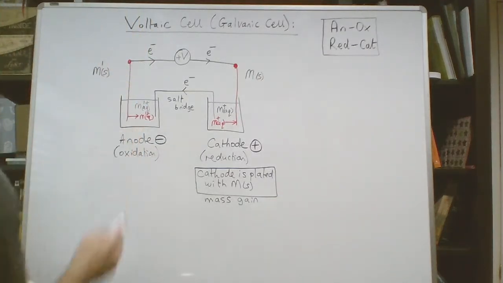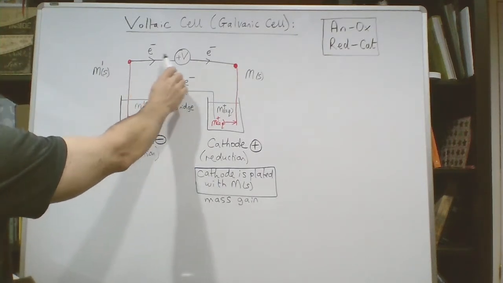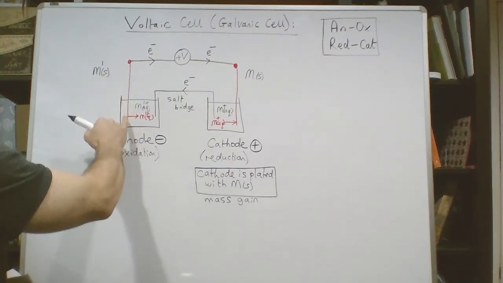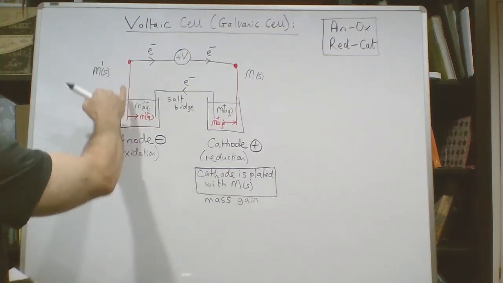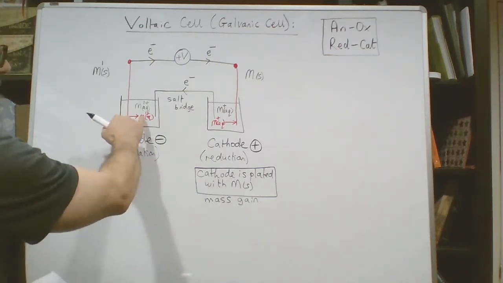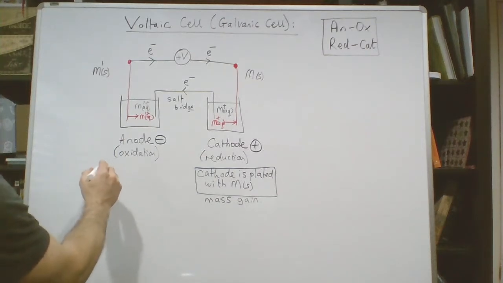Conversely, if we look at the anode, we've got a loss of electrons, so the electrons are going away. So some of our metal here in the electrode has now lost its electron, and now it's become positively charged, and it now dissolves in this solution. So the anode is depleted.